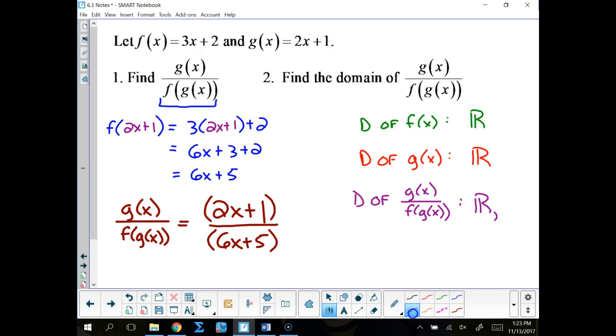So 6x plus 5 can't equal 0, so x cannot equal negative 5/6. Okay? Put those all together, we only got that one restriction, right? And so that one restriction happens where?